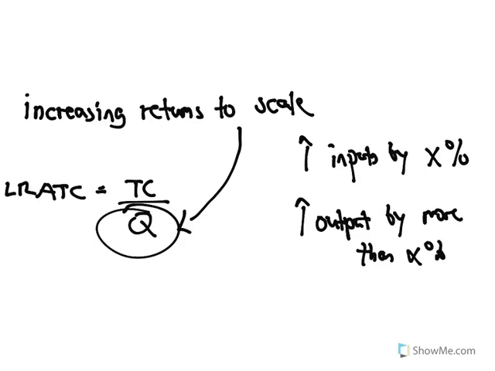So if my inputs are increasing by 50%, my output's increasing by 70%, 80%, 90%. And so I'm going to be able to make Q a heck of a lot bigger, and in doing so, I'm going to bring down my long run average total cost. So that's the idea. When we talk about scale, we're talking about getting bigger. In the long run, you can do that because you have this flexibility with all of your resources.